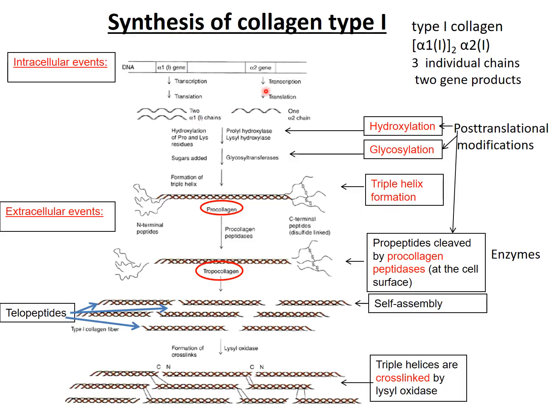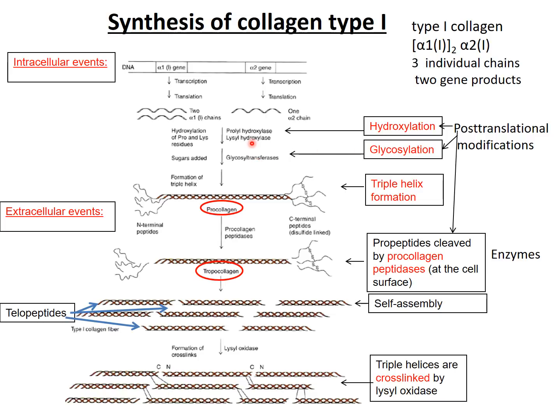So what is happening right when these polypeptide chains are coming off the ribosome? Post-translational modification will happen. So hydroxylation, you recall, by prolyl and lysyl hydroxylases. You remember the vitamin? Yes, it is vitamin C.